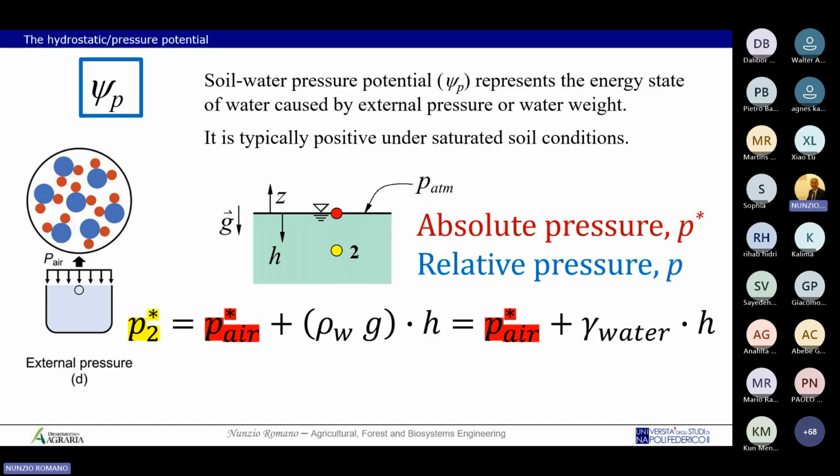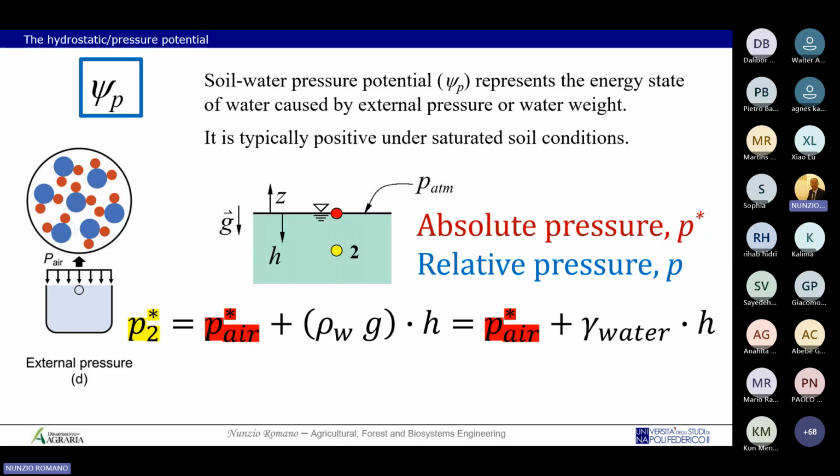And I put the relation. If you want to compute the absolute pressure on the yellow point, point 2, you have to sum the air pressure, the atmospheric pressure, to the weight of water from the red dot to the yellow dot.